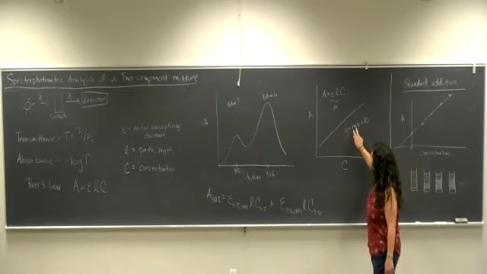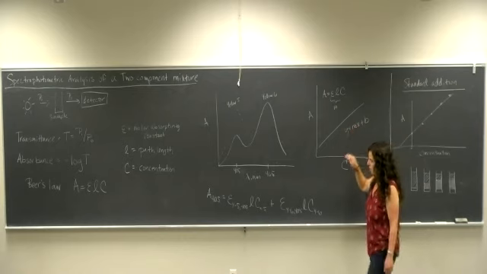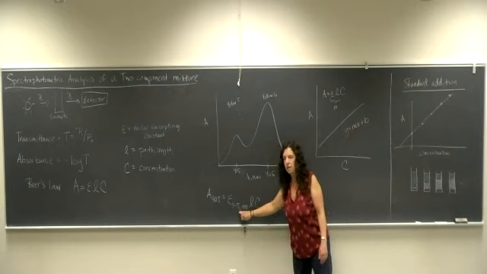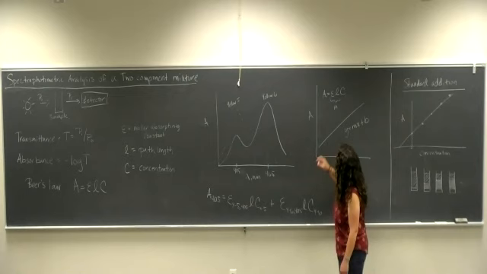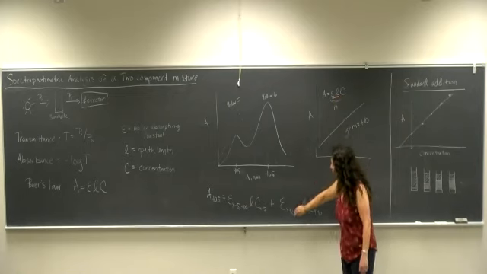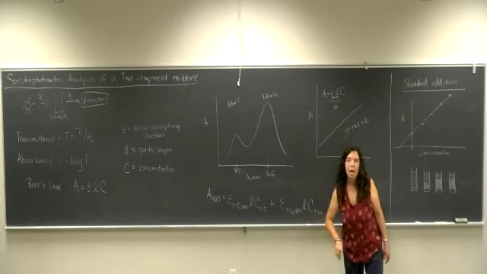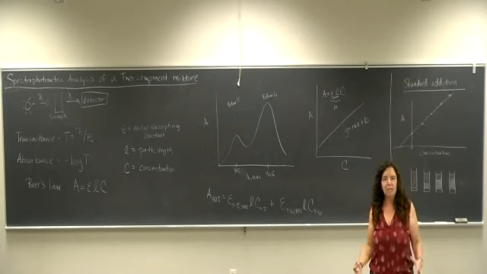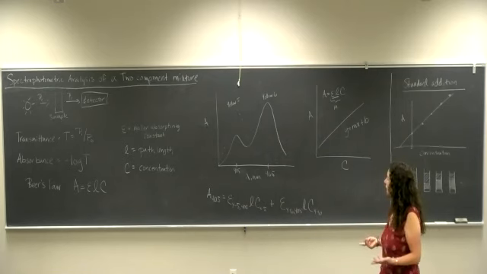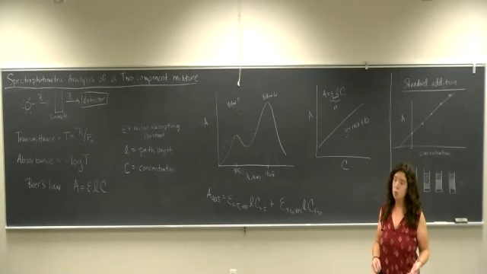So you will take the slopes of your linear plots and you can plug them into here. So this is where you'll calculate your epsilon L, and you can plug them back into here. And so this is where the fun really comes in, is that now you'll have two equations and two unknowns.